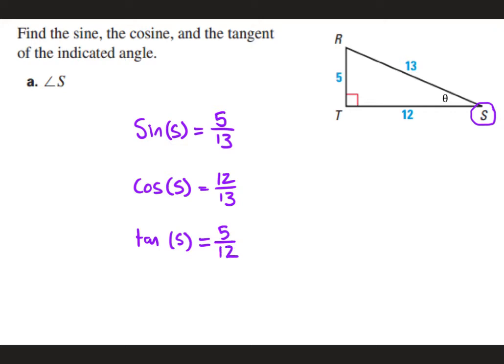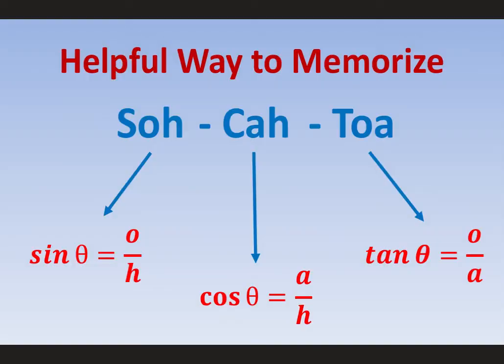Okay, so that's a little bit of right triangle trig, a little bit of review there of how to do sine, cosine, and tangent. Now, a moment ago, you might have heard me refer to it as SOHCAHTOA. SOHCAHTOA is just an acronym to help you remember the order for the 3 trig functions. The sine of an angle is the opposite over hypotenuse. The cosine of an angle is the adjacent over the hypotenuse.